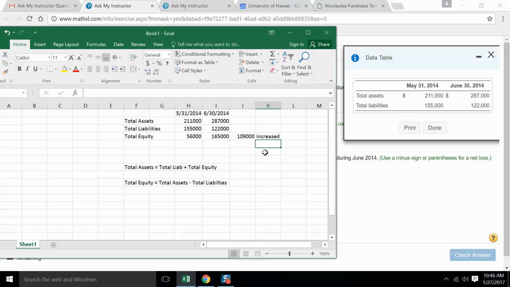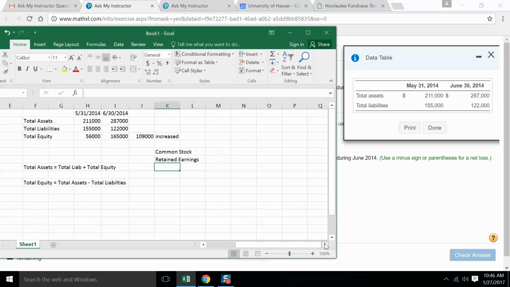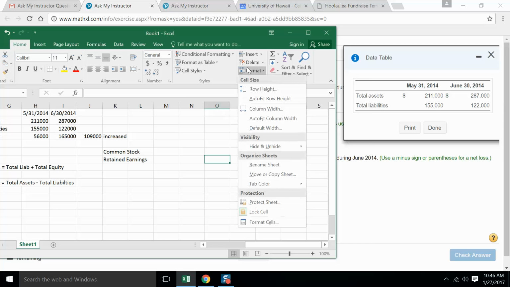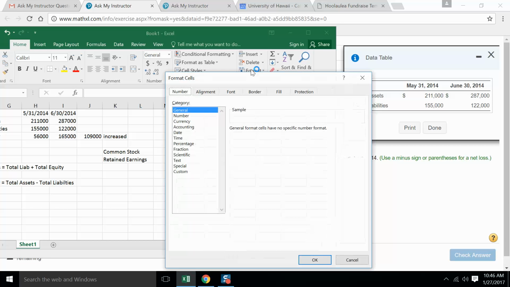Now remember, equity is made up of common stock and retained earnings. Okay, so you really want to figure out the net income is actually part of retained earnings, because retained earnings wait, hold on here, a little computer problem.